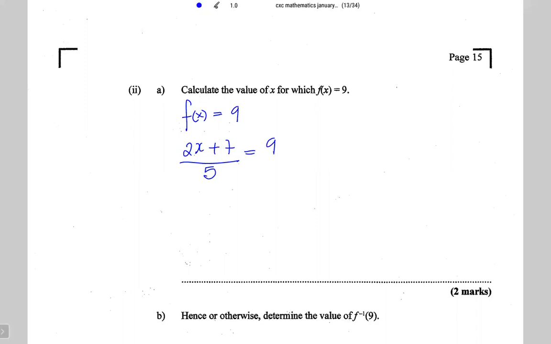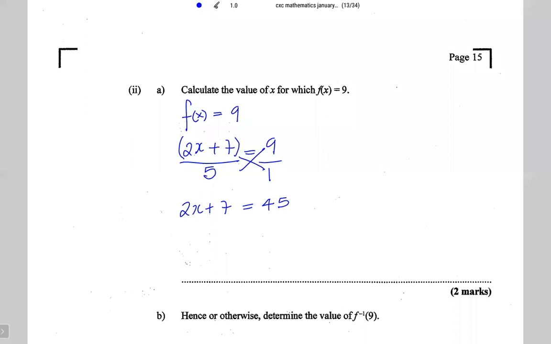Our job now is to determine the value of x. If one fraction is equal to one fraction, I would cross multiply. So 1 times 2x plus 7 is 2x plus 7, equal to 5 times 9, which is 45.